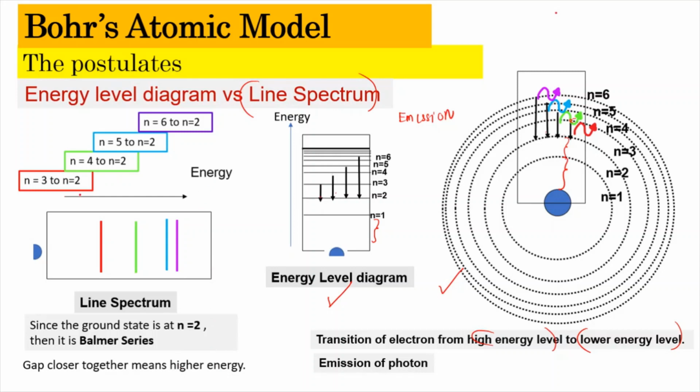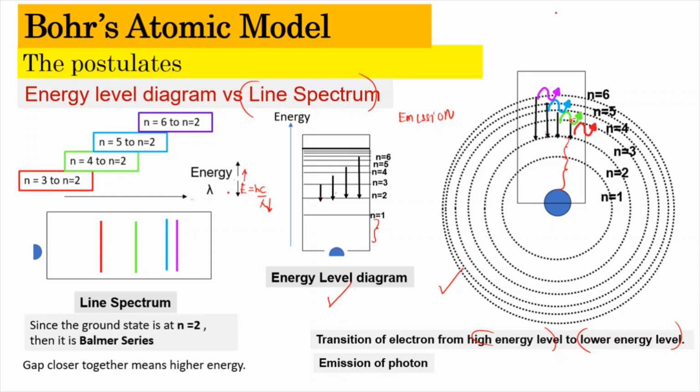So the energy is increasing from the left-hand side to the right-hand side. When it becomes closer and closer, it means that the energy gets higher and higher. When energy increases, you can always relate back to the wavelength. For example, energy is equal to hc over lambda. So when energy increases, lambda is going to decrease.